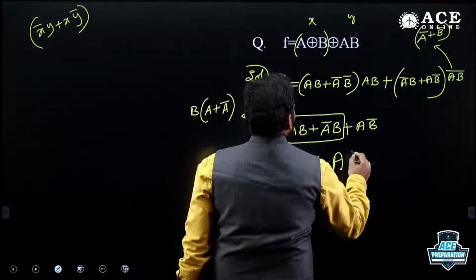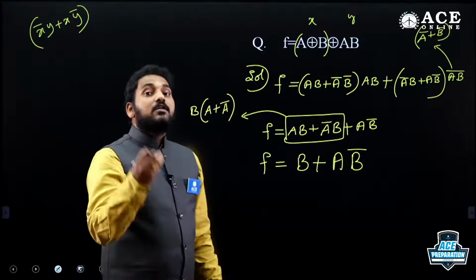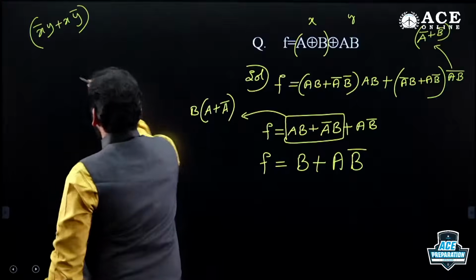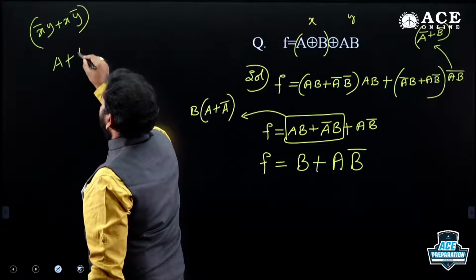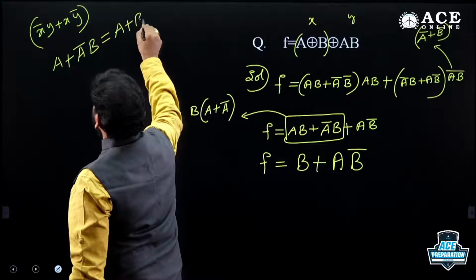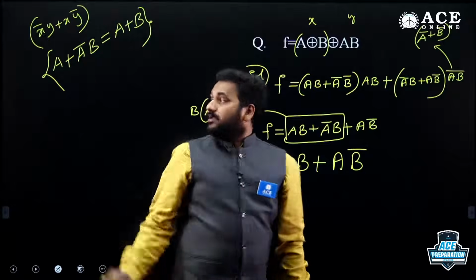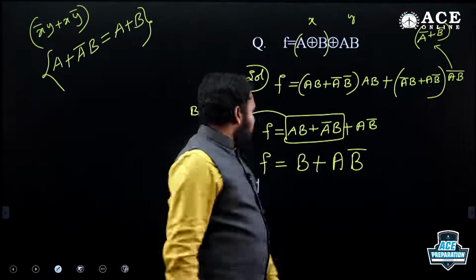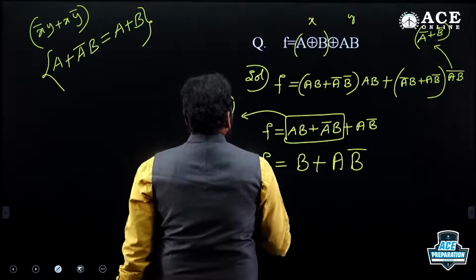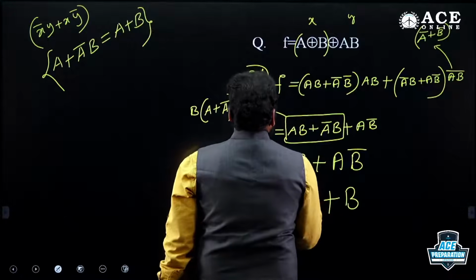It is a direct relation called the redundant literal rule. You might have studied it like this: A plus A bar B can be written as A plus B, as per the redundant literal rule. So, F is equal to B plus A, or A plus B.